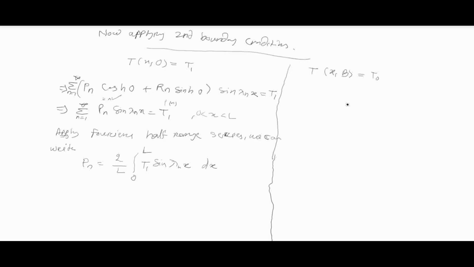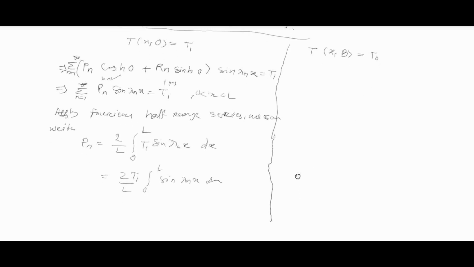Now what value will we get here? So 2 by L as it is. Now T1 also we can take out because T1 is not a function of x. Clear about that? So T1 is out. Now the integration of sin(lambda n x), 0 to L. What will you get here?